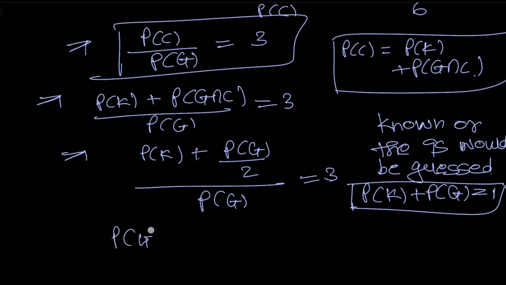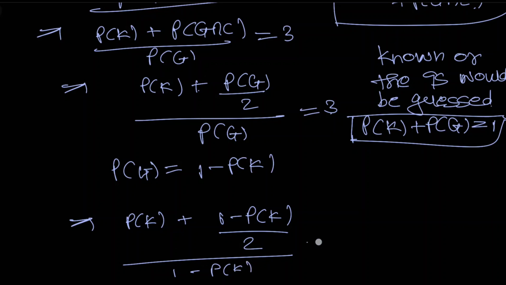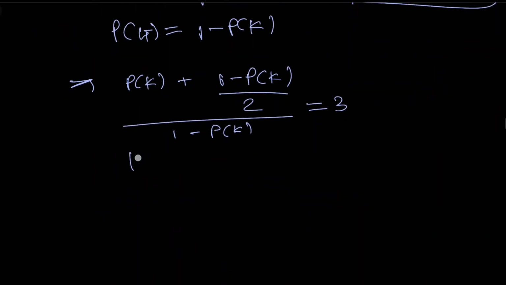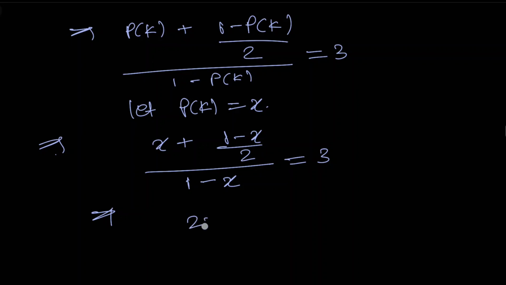So we can write PG equals 1 minus PK, which means that PK plus (1 minus PK) by 2 upon 1 minus PK equals 3. Let us assume PK equals X and we want PK. So X plus (1 minus X) by 2 upon 1 minus X equals 3, which gives us 2X plus 1 minus X equals 2 into 3 into 1 minus X.